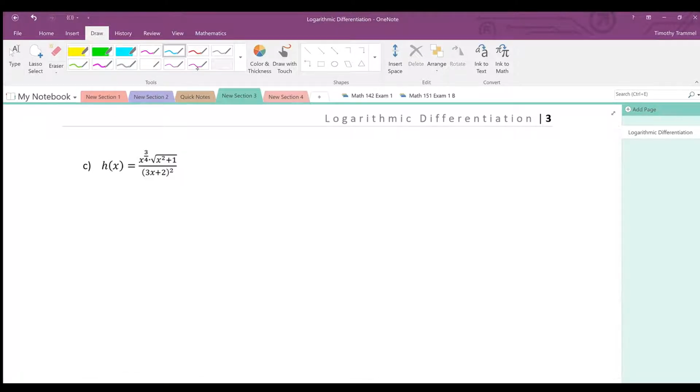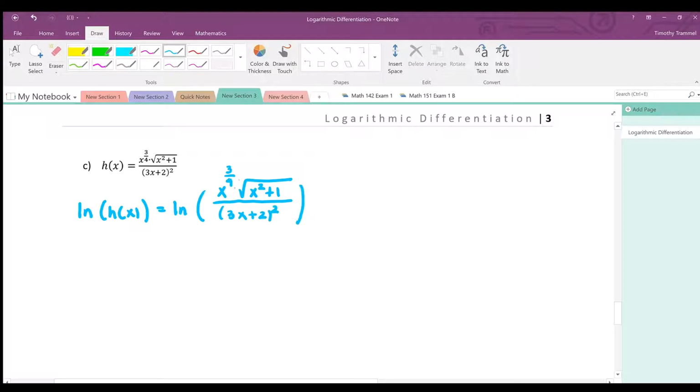Okay. Let's begin by taking the natural log of each side here. Okay. Next, we have a little bit more algebra to do.